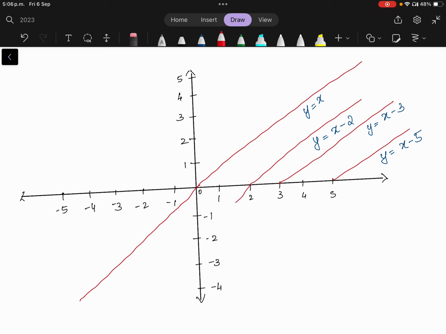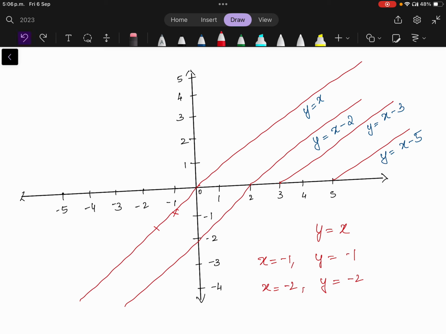Again all the lines will be going like this because of the line formula. If you put the values, for the first line y is equal to x, if x is equal to minus 1, y is equal to minus 1, x is equal to minus 2, y is equal to minus 2. So then the points will be like this and the line will continue down.